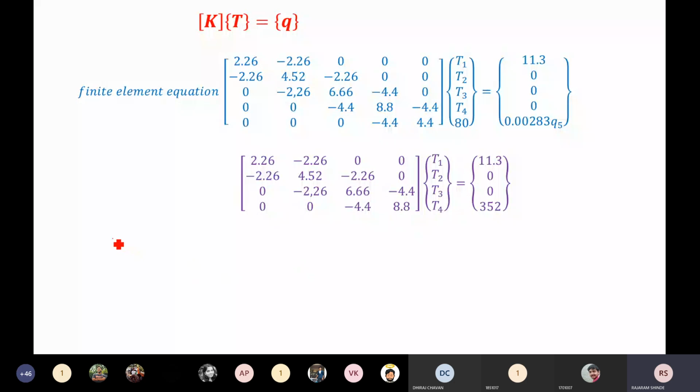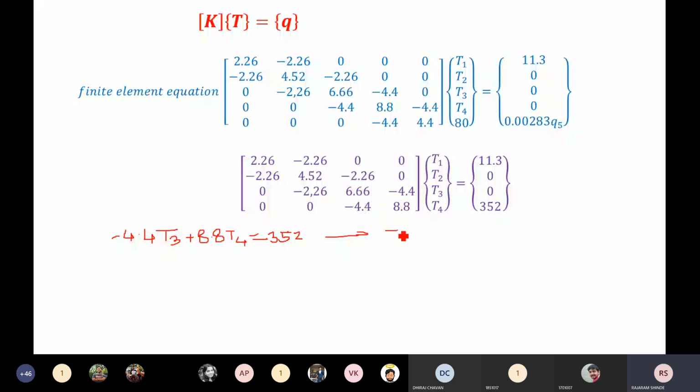You see here, minus 4.4 T3 plus 8.8 T4 is equal to 352. Okay. Now from this equation, you write this equation in terms of T3 or T4. I will write this equation for T4. Now can I write this equation like this?